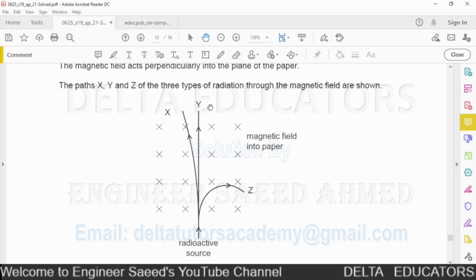So alpha and beta particles both will be deflected in the magnetic field, but the alpha particle will be deflected less, whereas the beta particle will be deflected more.